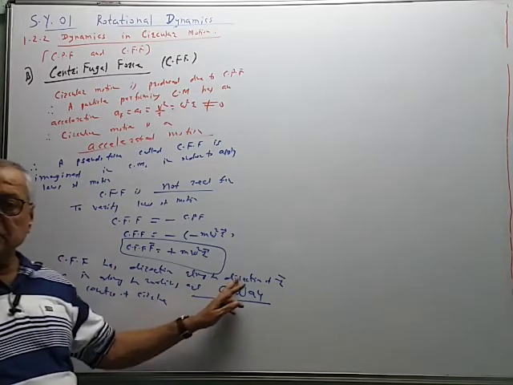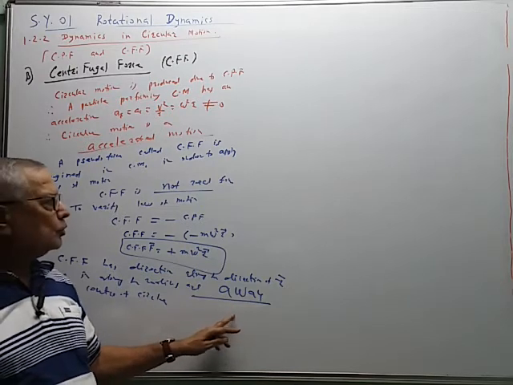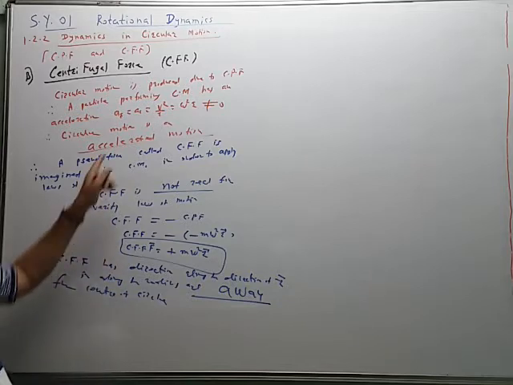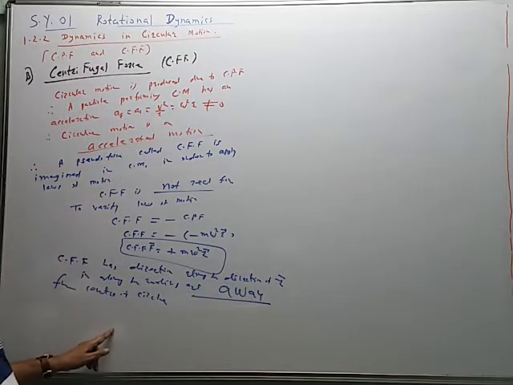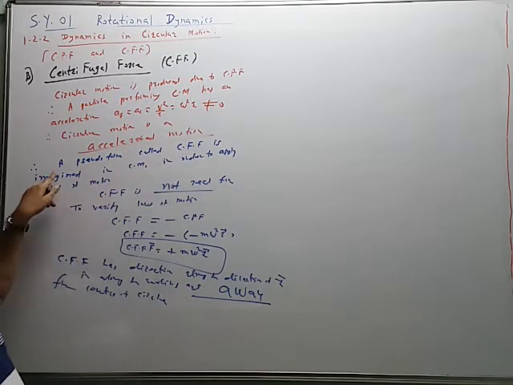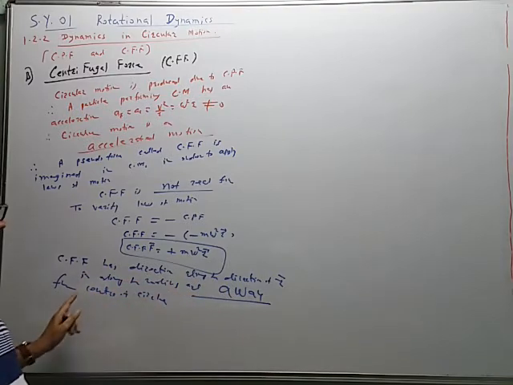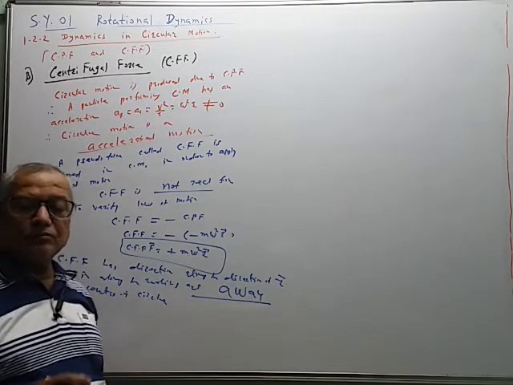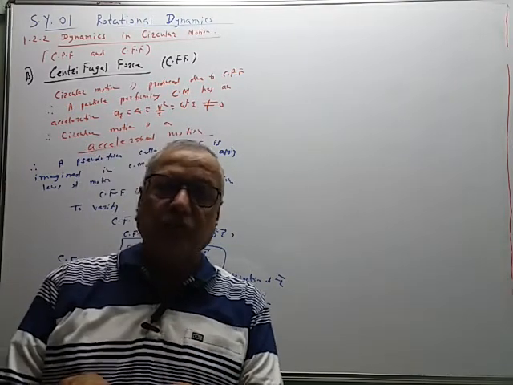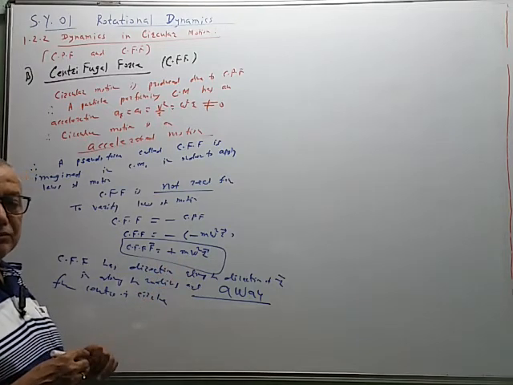Centripetal force is directed along the radius and toward the center; centrifugal force is directed away from the center. So, to give the definition of centrifugal force, we have to add these two points. An imaginary or pseudo force imagined in circular motion in order to apply Newton's laws of motion, and which is always directed along the radius and away from the center of the circle, is called the centrifugal force. We know the vector equation; the magnitude will be the same as that of the centripetal force.